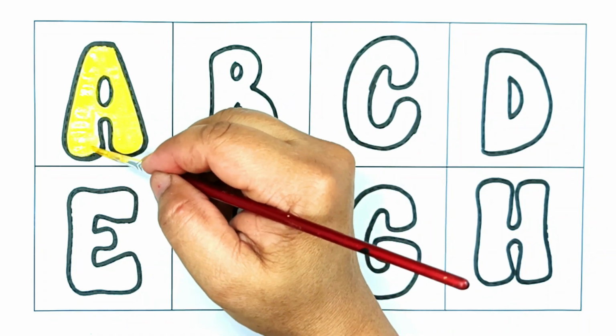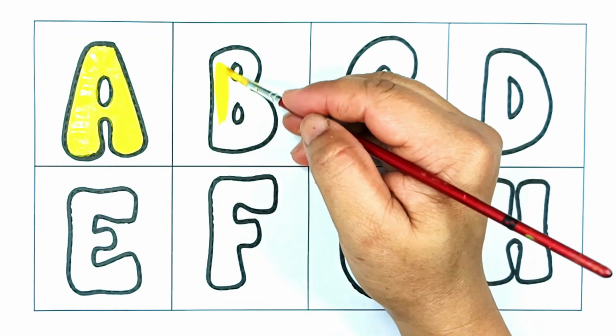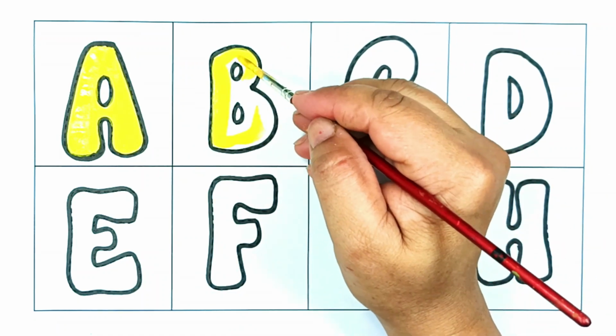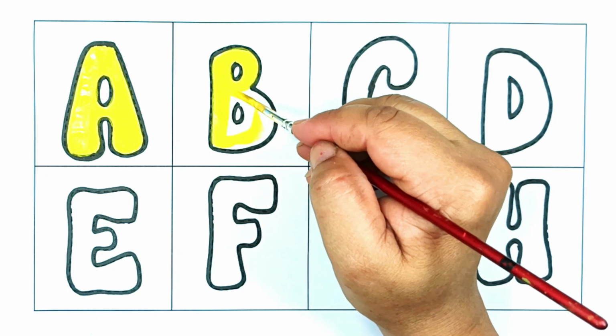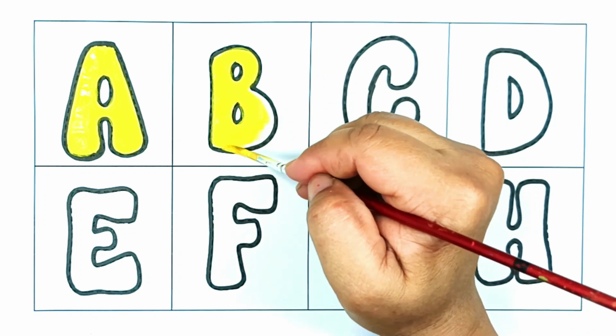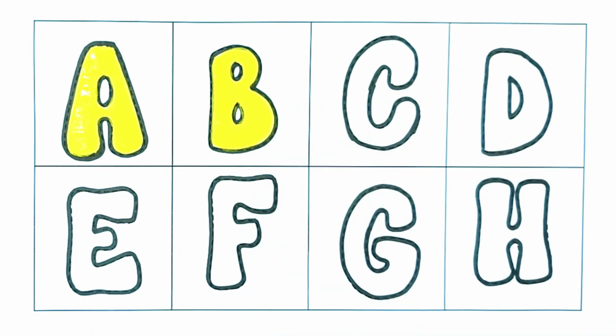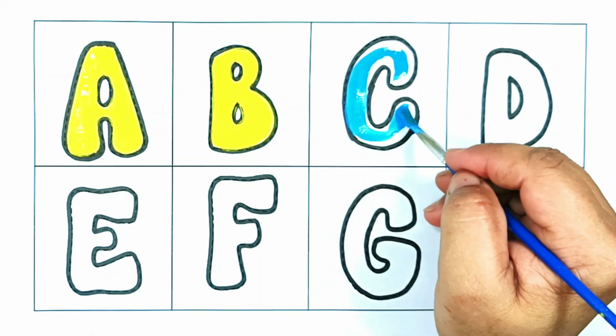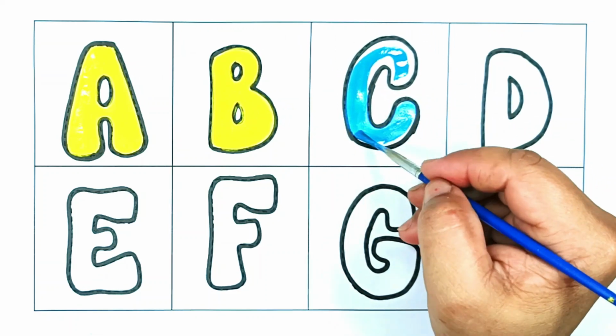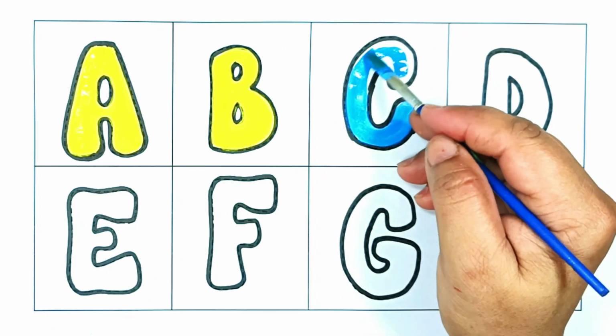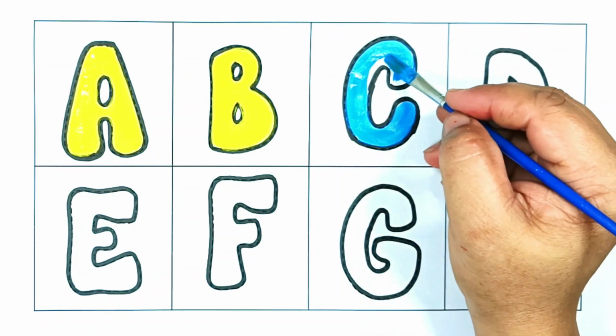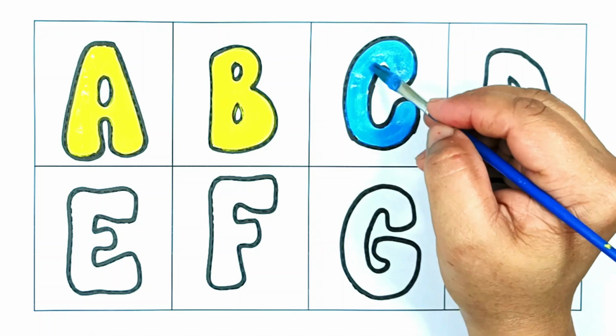A for apple. A for apple. B for ball. B for ball. C for cat.